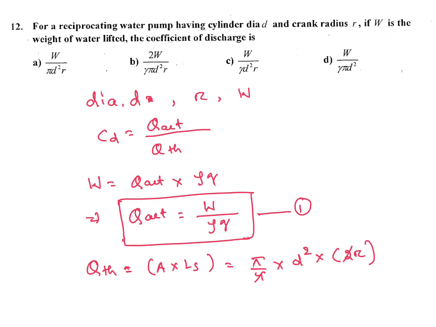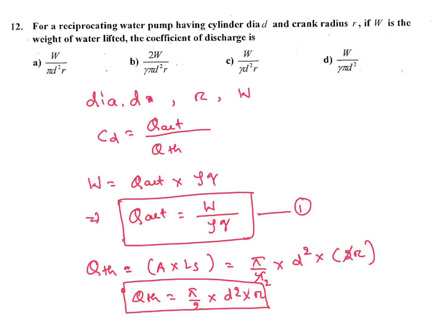So QT we got pi by 2 D square into R. This is equation 2. So from equation 1 and 2, the CD value we have to calculate.